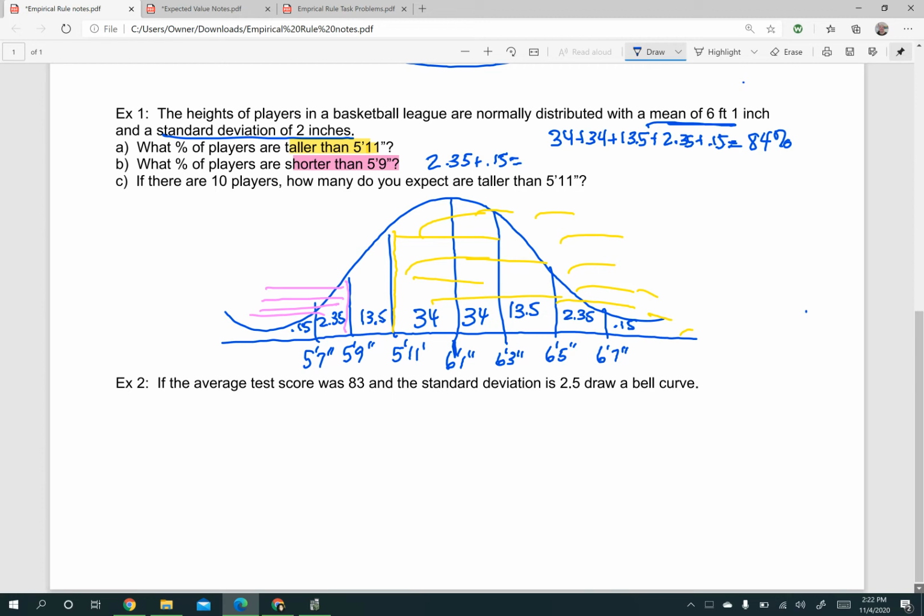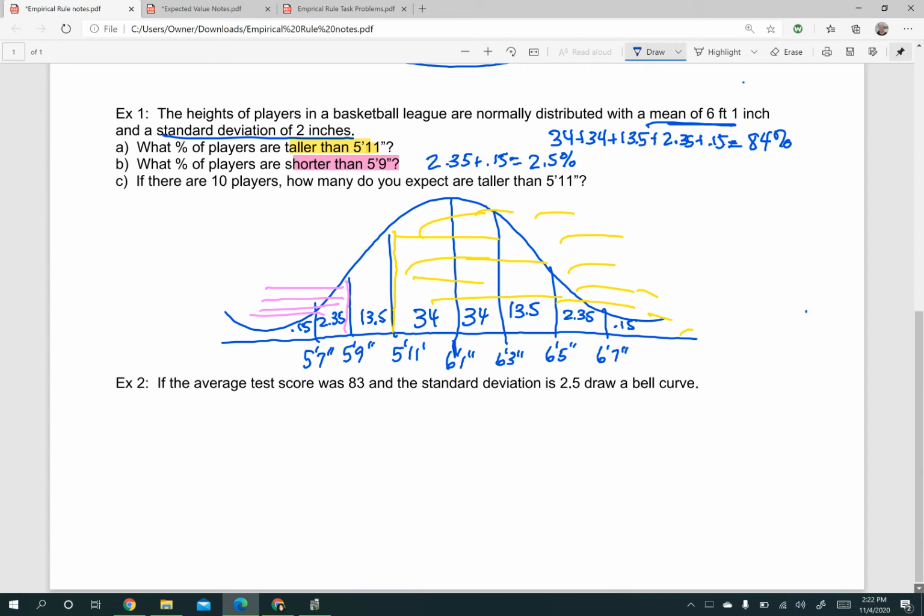So that's a total of 2.5%. So when they tell us what's greater than or shorter than or even between, we just add up these numbers, the percentages that are here, to figure out what percent of players.